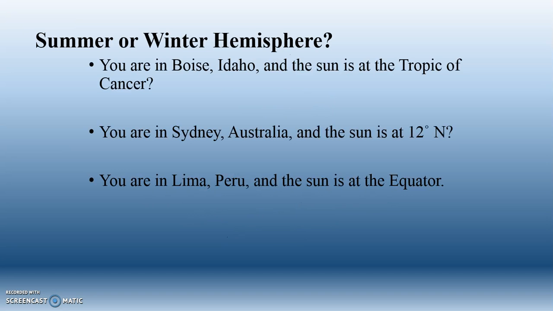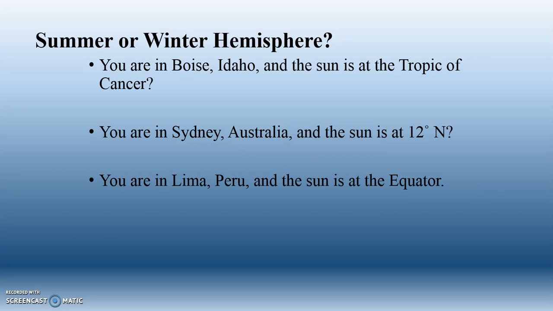So some questions to ask yourself: summer or winter hemisphere? You are in Boise, Idaho, and the sun is at the Tropic of Cancer. So what is the latitude of the Tropic of Cancer? The Tropic of Cancer is at 23.5 degrees north, and you are in Boise, Idaho. Now, we don't know the latitude of Boise, Idaho right off the top of our head, but we do know that it is in the northern hemisphere.